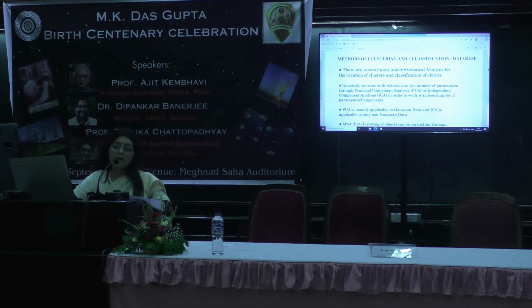We can see that 2-3 components give the maximum variation, for example, say a 96% threshold. So those large numbers of parameters are reduced to 2 or 3 principal components, and we can work with those principal components, which give a very clear picture of the properties of the galaxies.